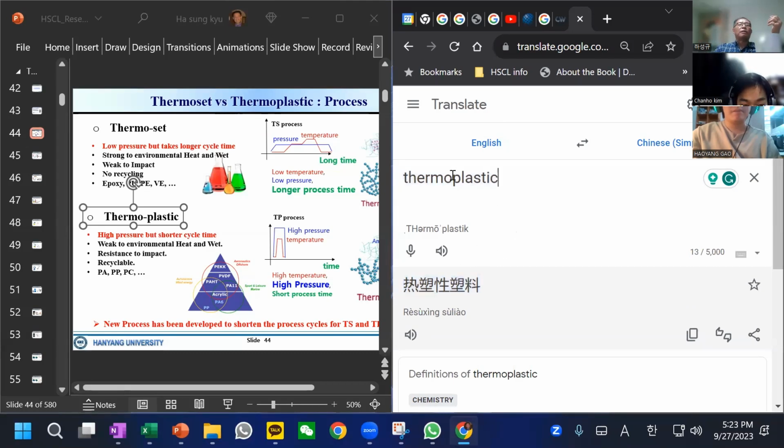Melting characteristics. So thermoplastic, you become melting.